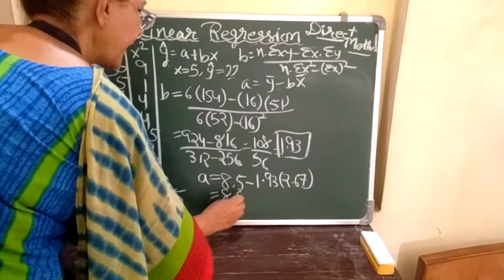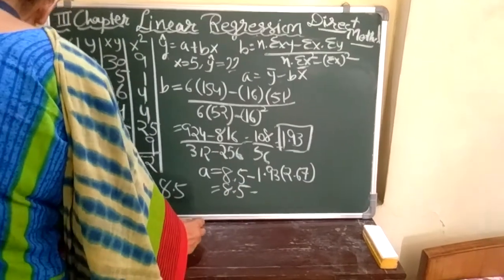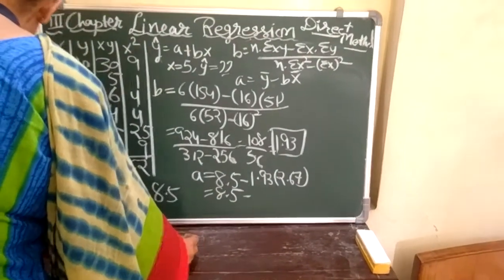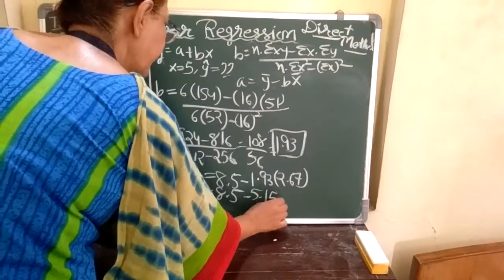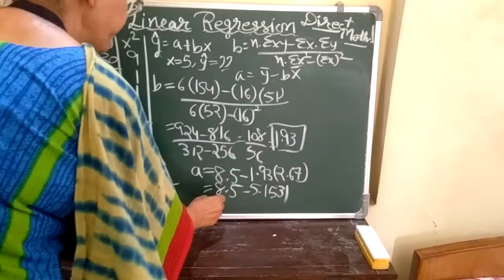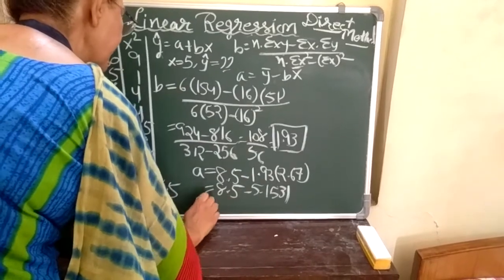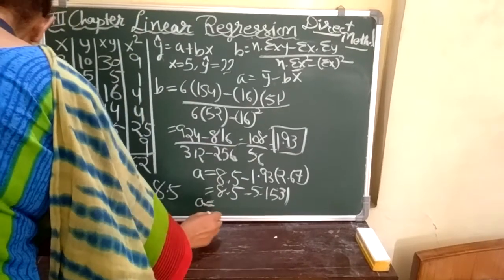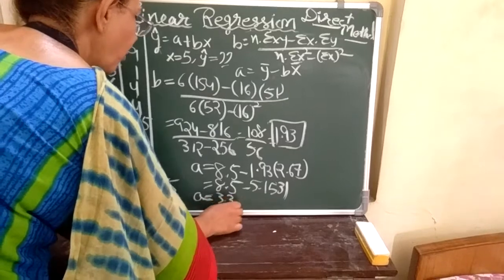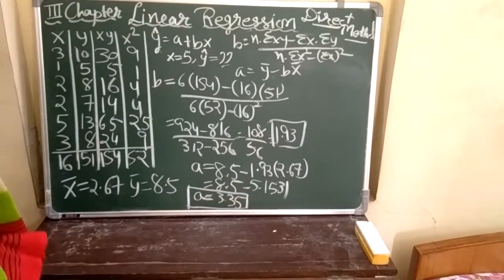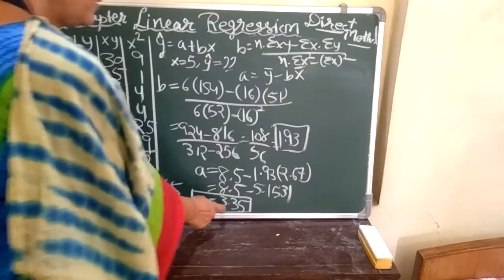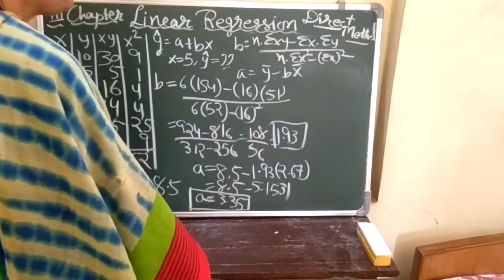Multiply this: 8.5 minus 1.93 into 2.67, that will be 5.1531. When you subtract this, the value of A will be 3.35. So this way the value of A is 3.35.